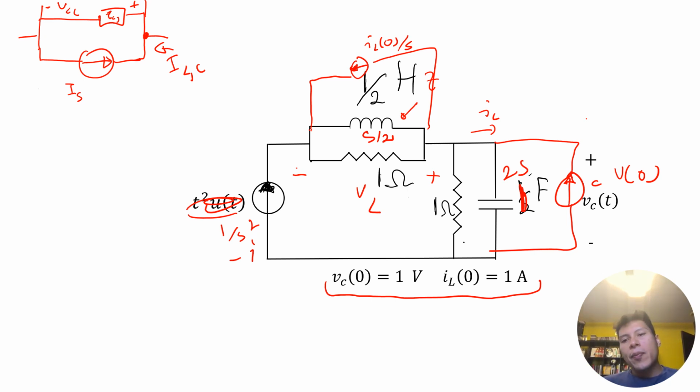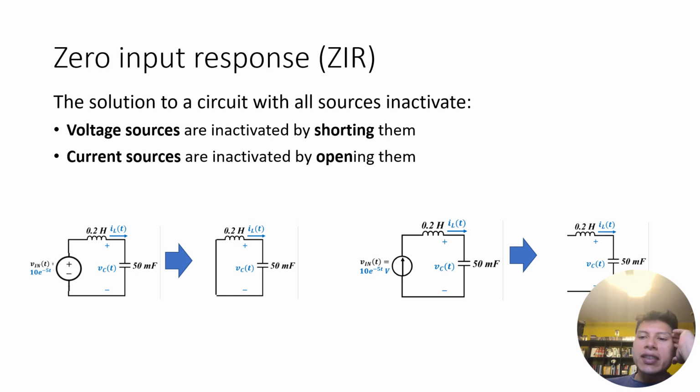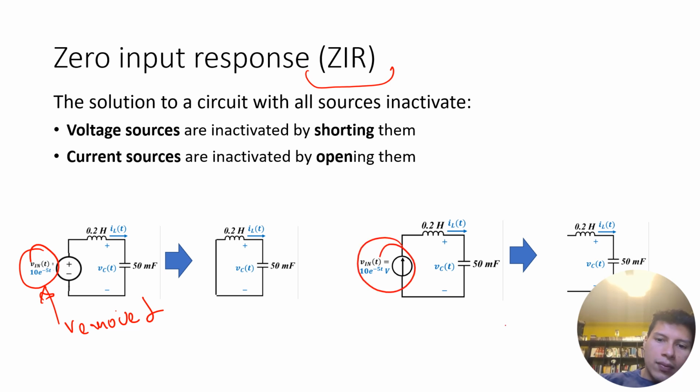All right, so now we're going to actually define some names that we give to different parts of the response of a circuit. So the first thing we're going to define, which we've already kind of alluded to earlier, is the zero input response. And the zero input response basically means the response of the circuit if you assume that the source has been removed.